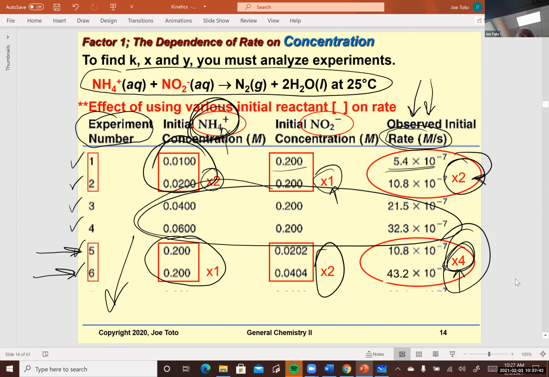And that's kind of called the eyeball method. But you can use the equations because each one of these reactants produces a different equation for that specific experiment. But the form of the equation is always going to be the same once you determine what k and x and y, the exponents, are.